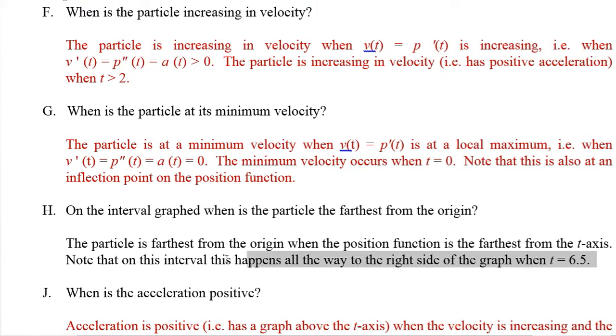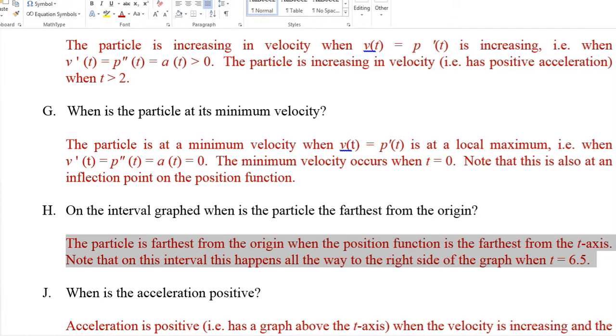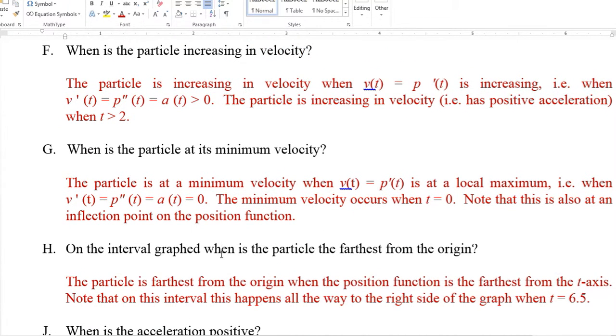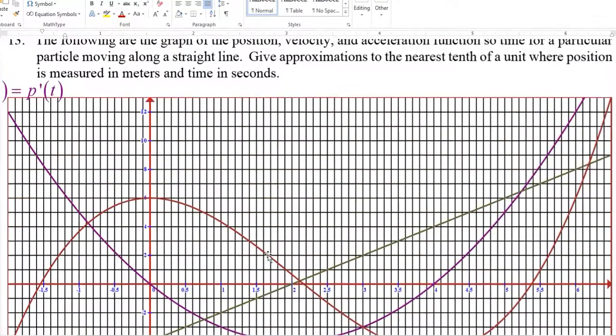On this interval that is graphed, when is the x value going to be the smallest? No, that's not what I'm saying. When is it farthest from the origin? Okay, so the distance from the origin is the absolute value of the y value on the original position function.